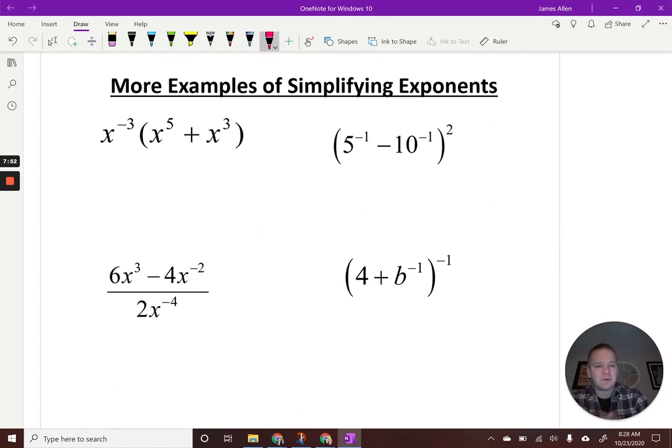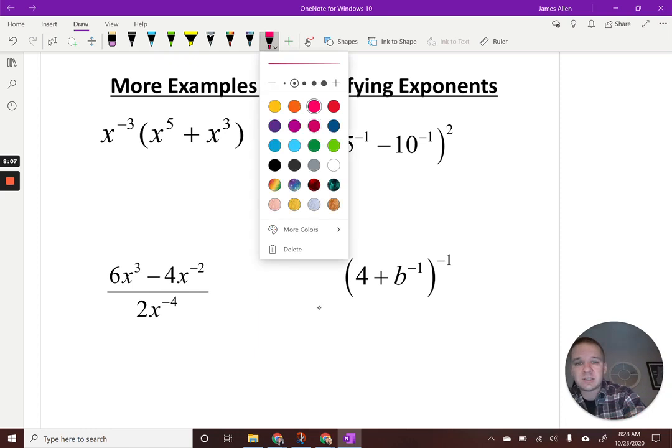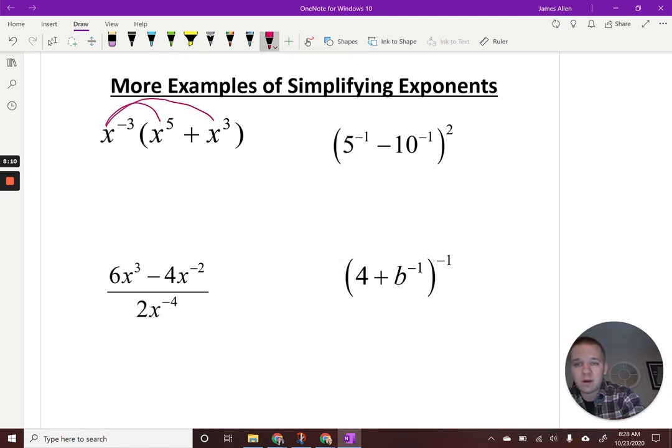Alrighty, some more examples, and we're just going through some of the tricky ones because this is a review and we're trying to hit those difficult problems. So first one, we have x to the -3rd times x to the 5th plus x to the 3rd. Well, what can I do with that? These are all like bases of x, so I can go ahead and just distribute into that binomial.